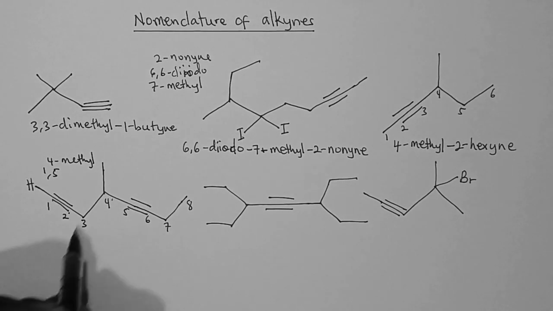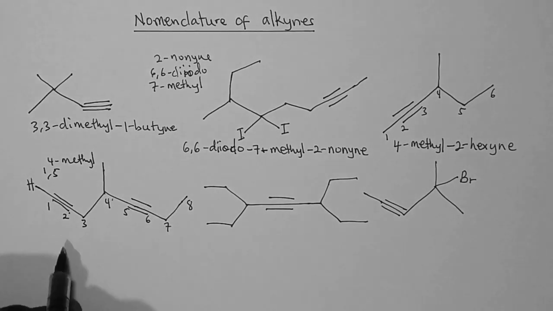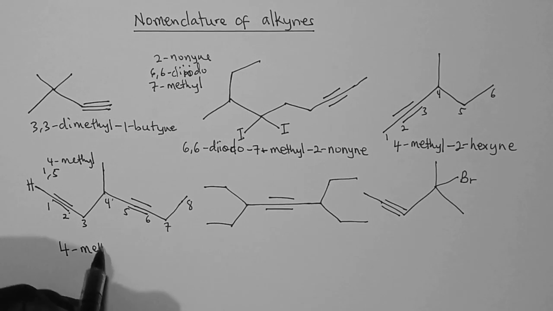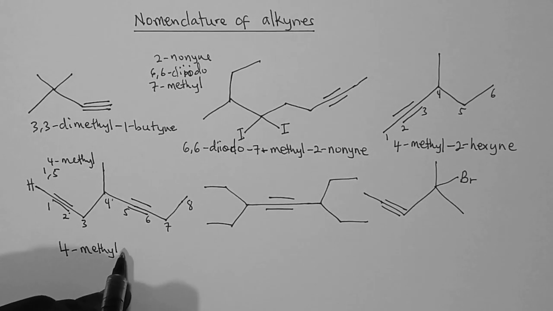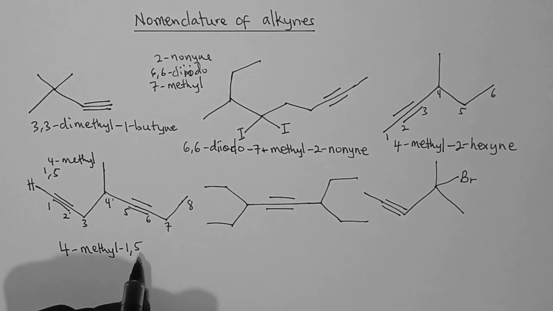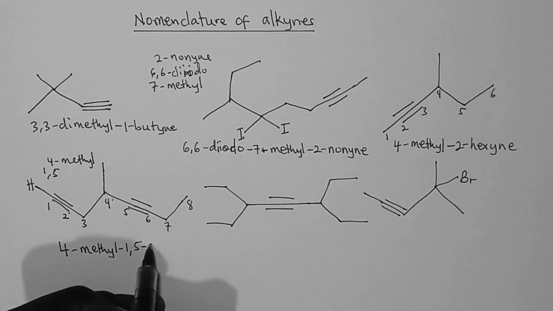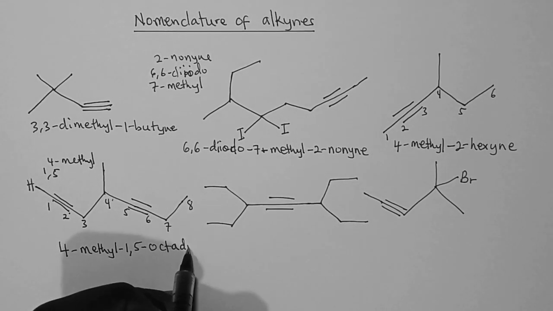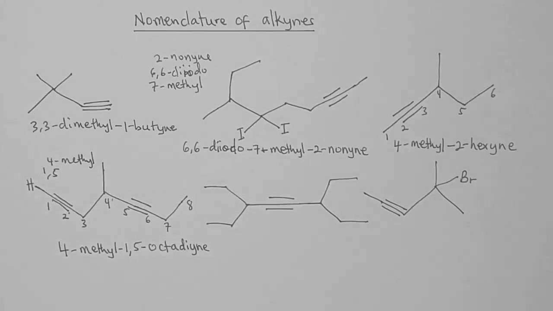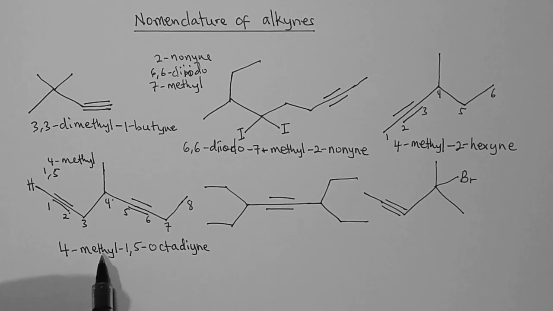So this is the case of a diyne, and therefore the name is going to be 4-methyl, then we have carbon number 1, so 1,5. Then there are 8 carbons, so this is an octa-diyne. So the name is 4-methyl-1,5-octadiyne.